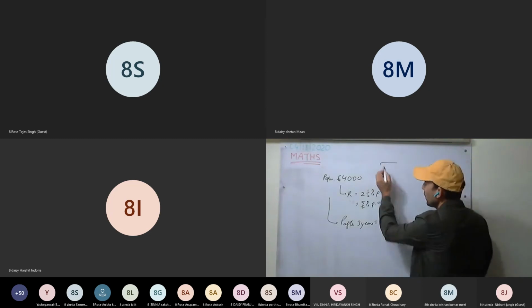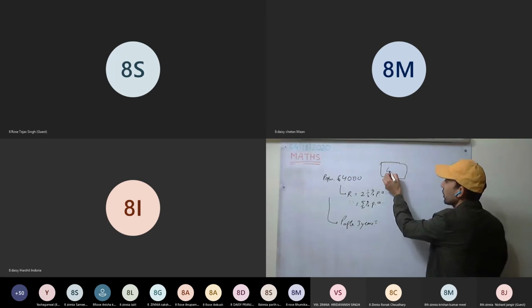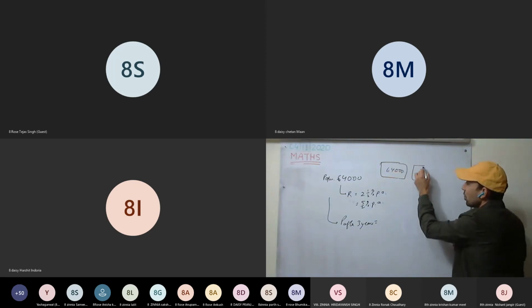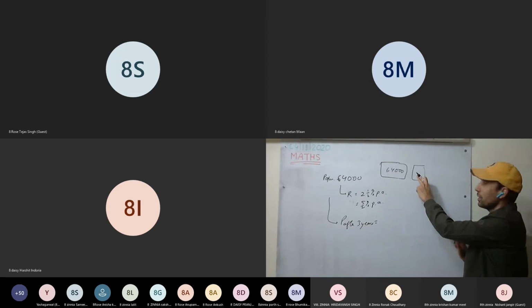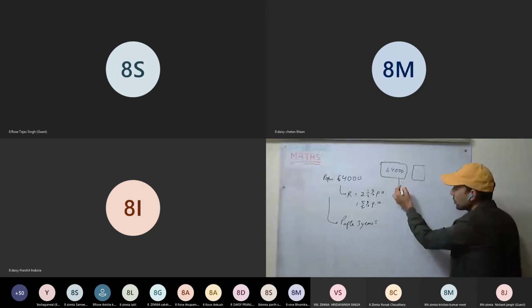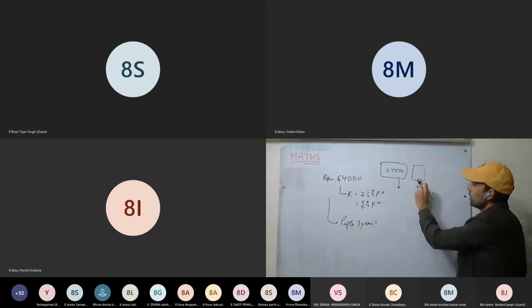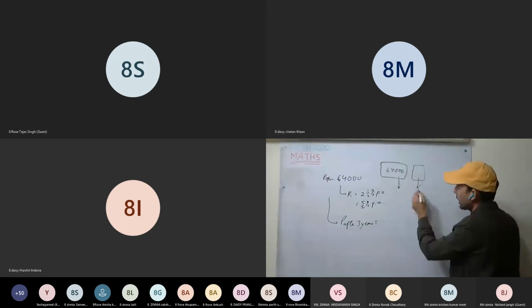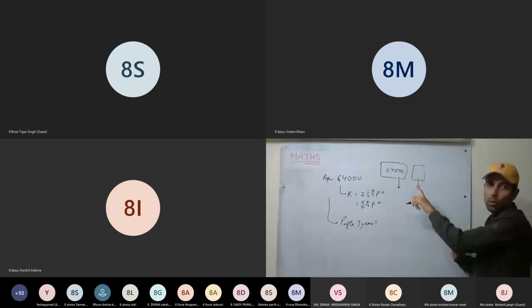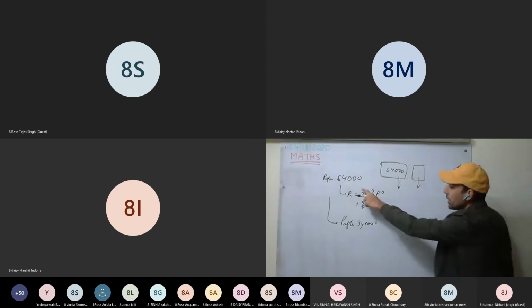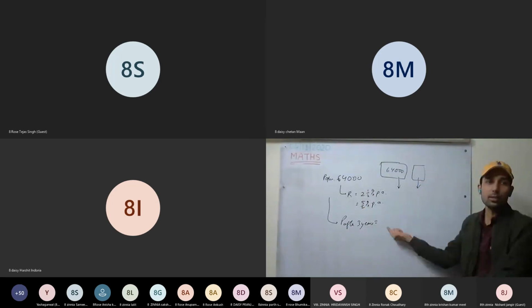See here, for example the population is 6400. After 1 year, this much interest has been added. This now produces interest as well. Therefore, the interest will be calculated on the whole.